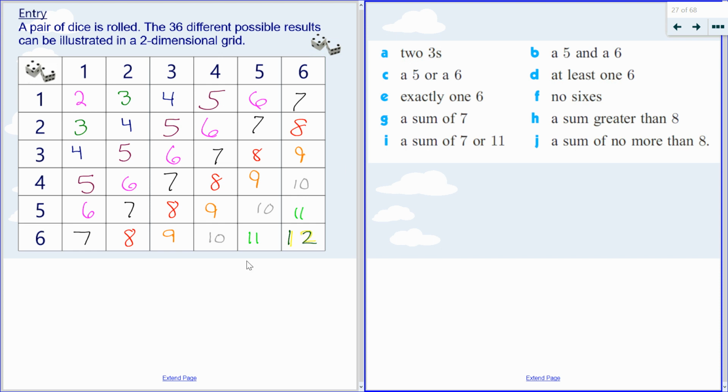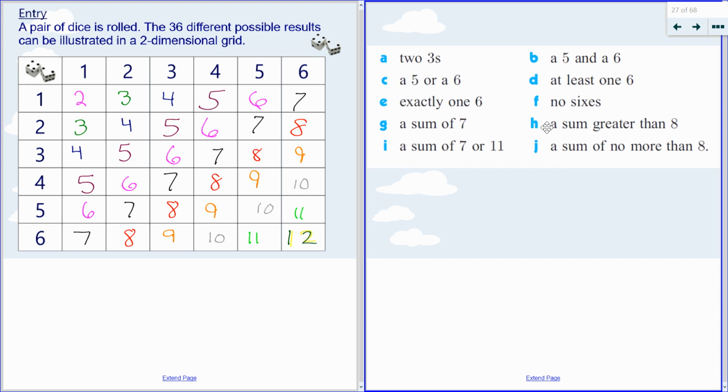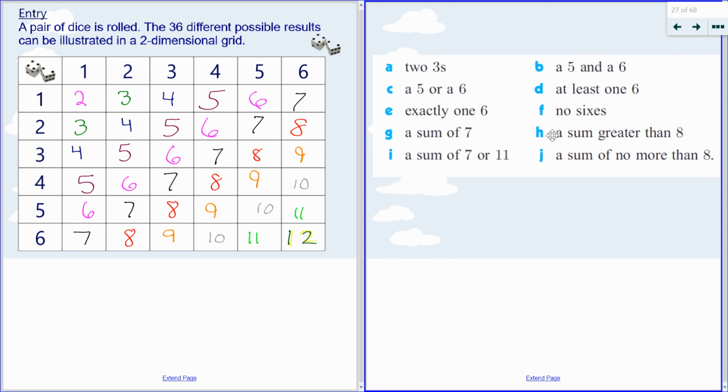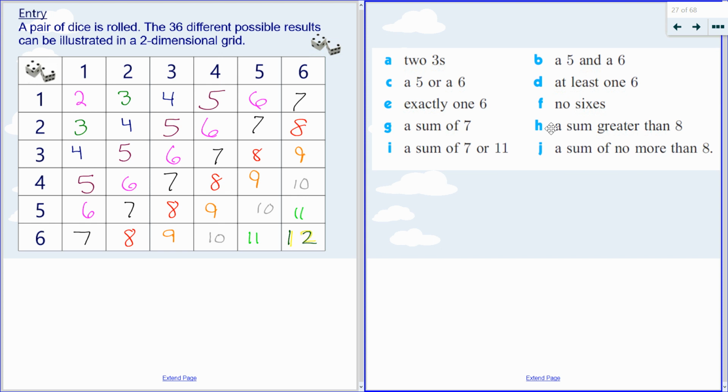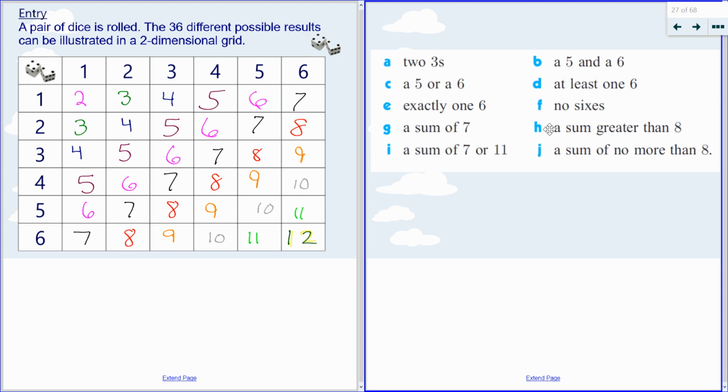So let's go ahead and answer the questions that are over here. They wanted to know the probability of getting all these different rolls. And notice here, they want to know the probability of rolling 2 3s. So you roll 2 dice, you get 2 3s.